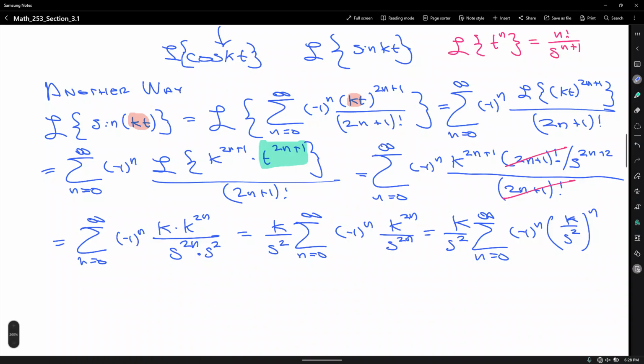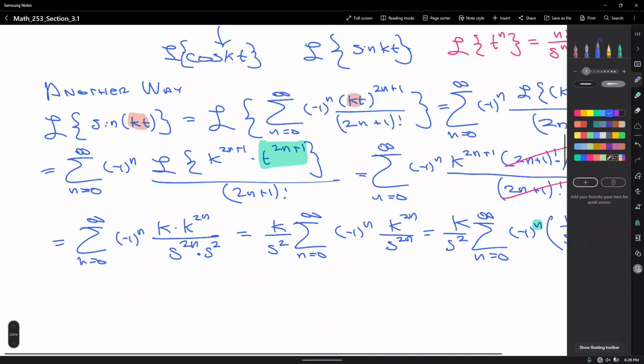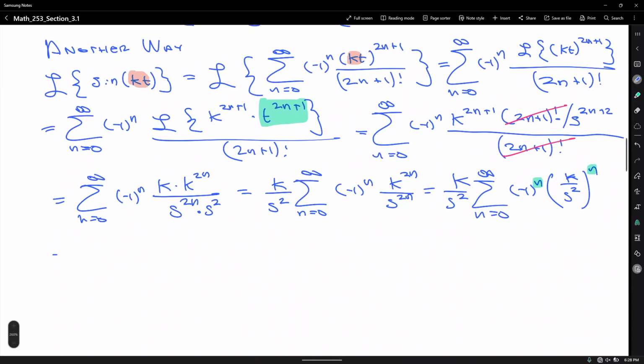I'm keeping the second power for the s and just taking the n power. Now check this out. Do you see this common power of n? I'm going to group everything into one single parenthesis. So this will be k over s squared times the sum from n equals 0 to infinity of (-k over s squared)^n.